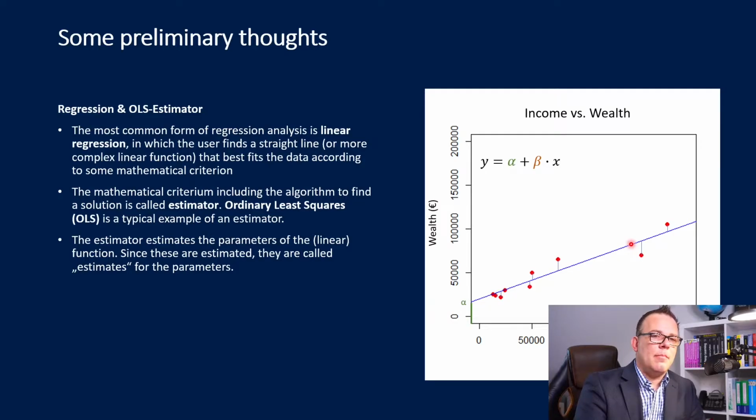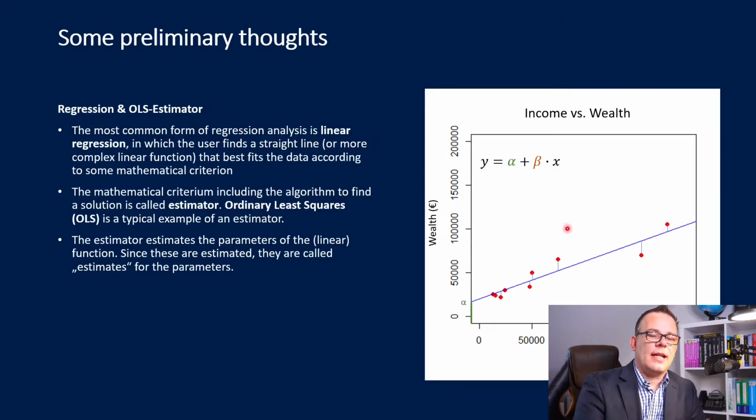And this method, this is what we call an estimator. Why do we call this an estimator? Because this methodology, this algorithm, estimates alpha and estimates beta, because those two parameters are needed for this line. Everything else is given.